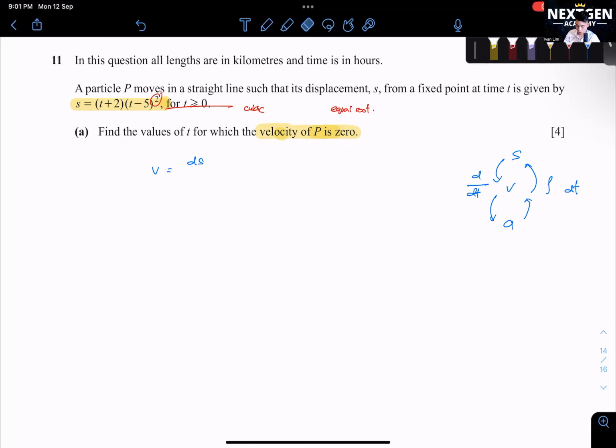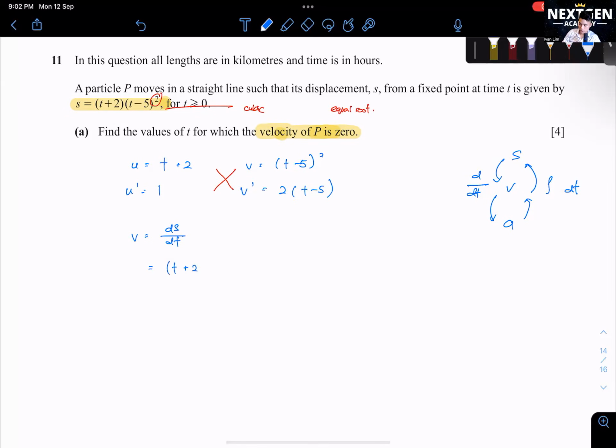This one needs the product rule first. Let's write it as a product rule: u equals t plus 2, v equals (t minus 5) squared. u prime is 1, v prime is 2 times (t minus 5).